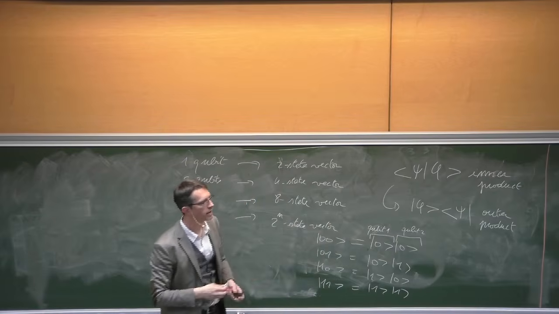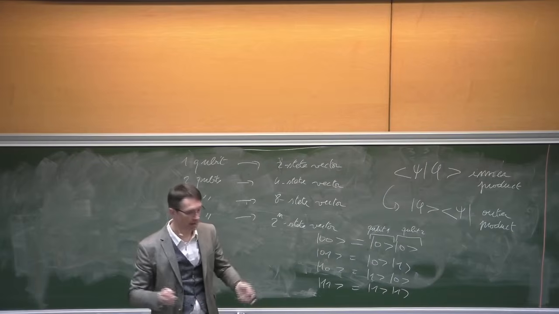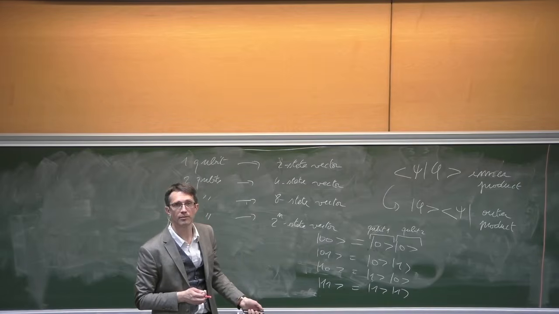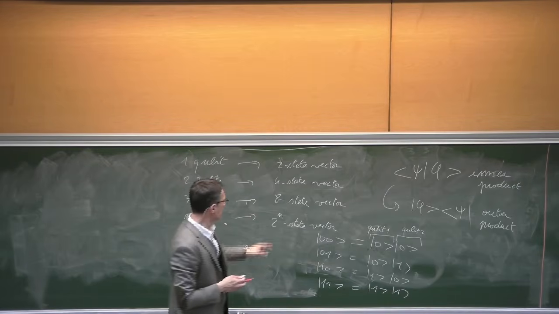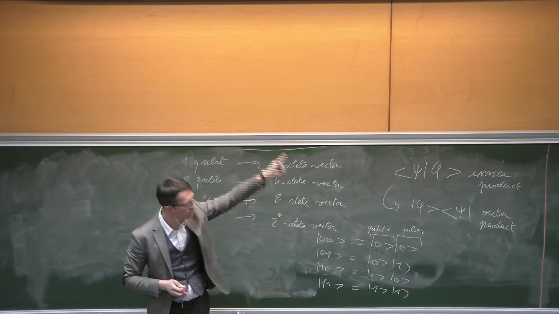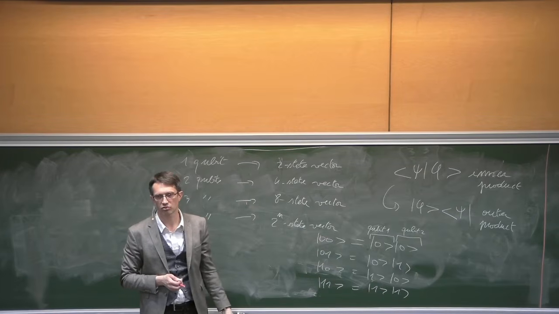So again, we go back to the idea that the computing power grows exponentially with the number of qubits. This is pretty clear here. If I were to write for 4 qubits, then I would have a line with 16 coefficients, and so on and so forth.